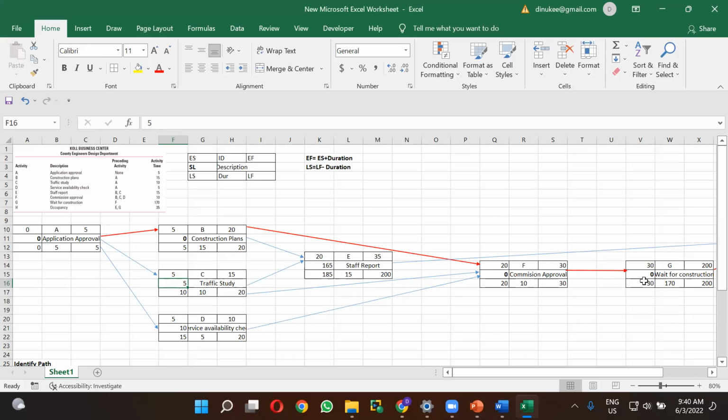Without delaying our project duration of 235 days, you can delay activity C by 5 days. It means you can take up to 15 days: to the duration of 10, you add this slack of 5 and you get 15 days. And if you take 15 days, that will not affect the total duration of our project. Did you get that?